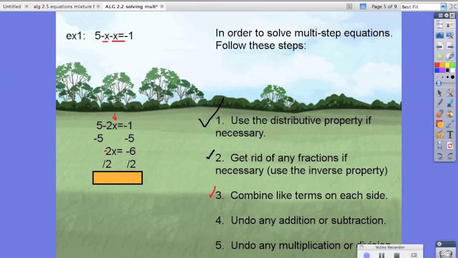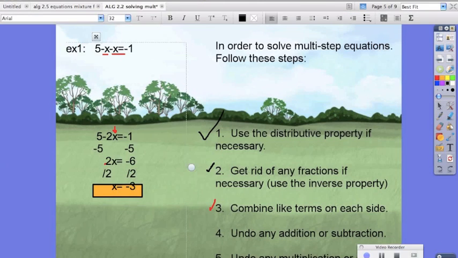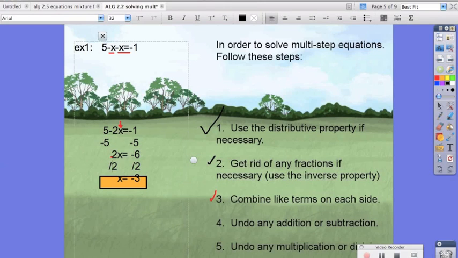So after that, we need to undo any multiplication or division. So in this instance, we have -2x equals -6, and we're actually going to divide by -2 on both sides.